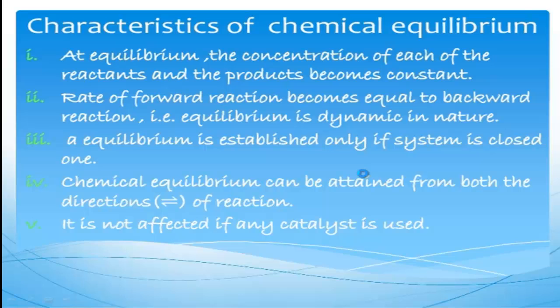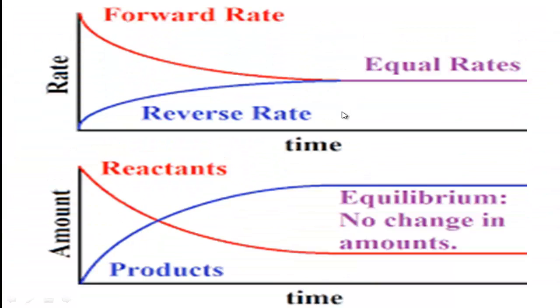Now follow this graphical representation of equilibrium position. If we draw a curve plotting reaction rate against time, then we will get this type of curve. How? Follow here.